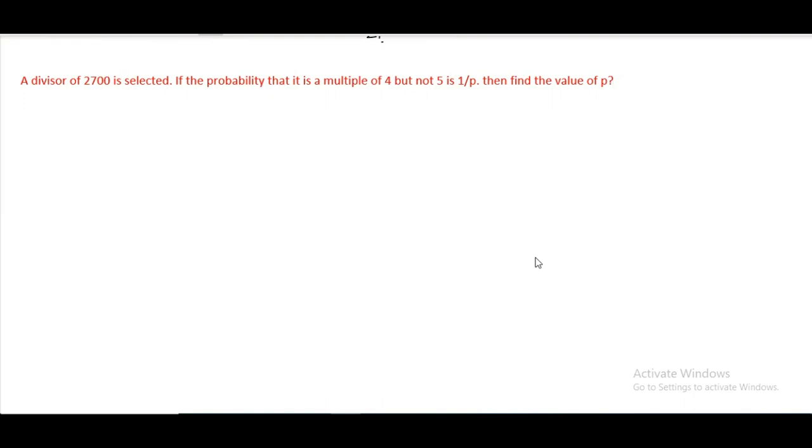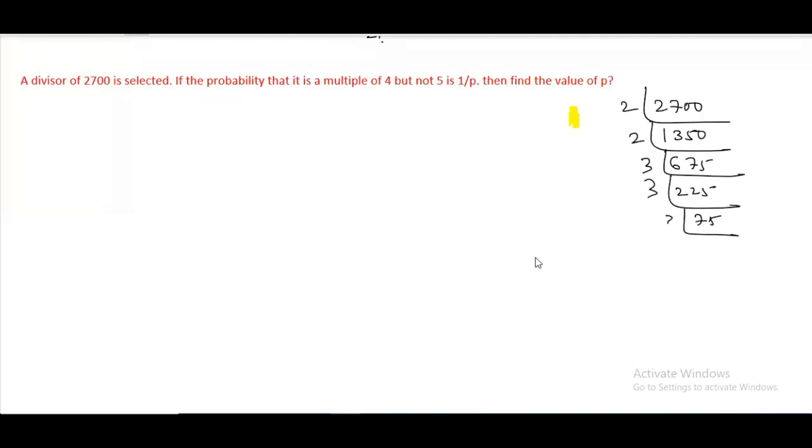Let's find out how many divisors we have for 2700. We can write 2700 as a product of prime factors: 2 square into 3 cube into 5 square.